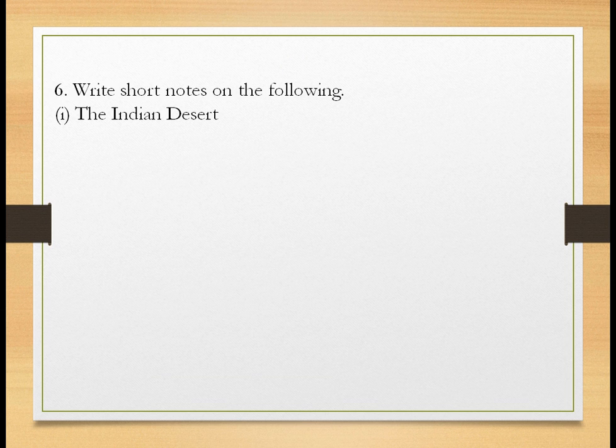In this PT3 also I asked this question: write a short note on, or write the features of, the Great Indian Desert or Thar Desert. So how to write the points? The first point, the Great Indian Desert is also called the Thar Desert. Then you have to mention the high temperature, less rainfall, the largest river being Luni, and the vegetation of that, and you will get the 3 marks or 5 marks for that.